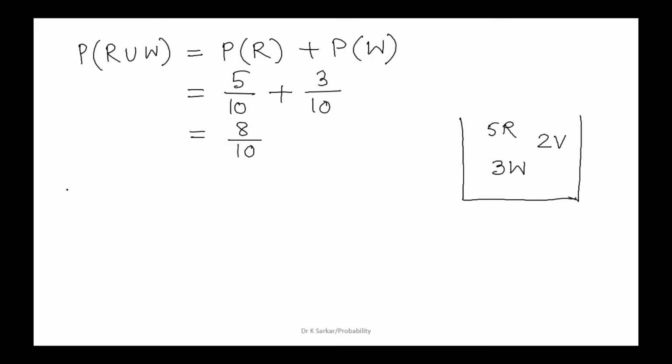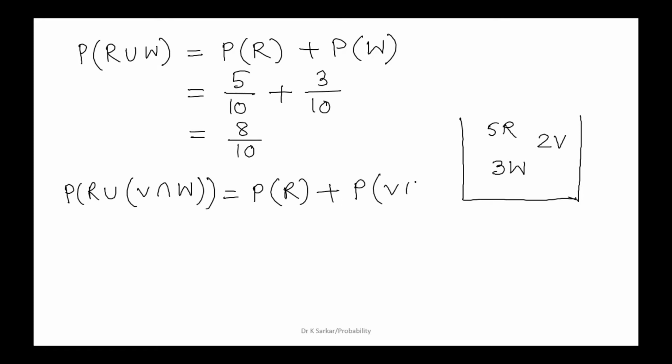Now let us find probability of R union V intersection W. Here R and V intersection W, these two events are mutually exclusive. So we can write probability of R plus probability of V intersection W. Probability of R is 5 by 10.